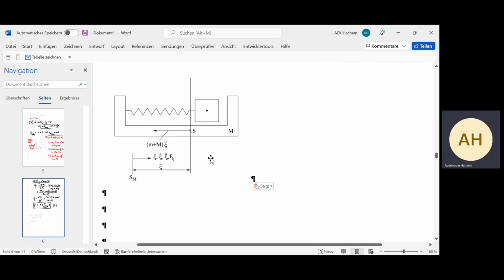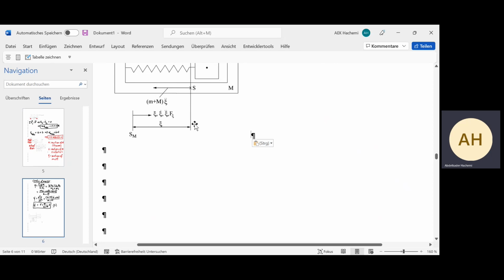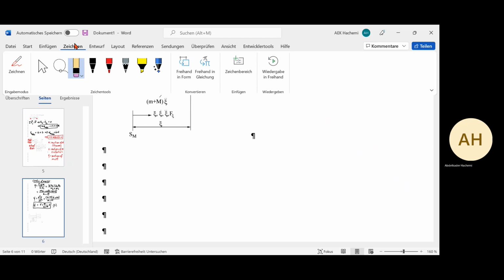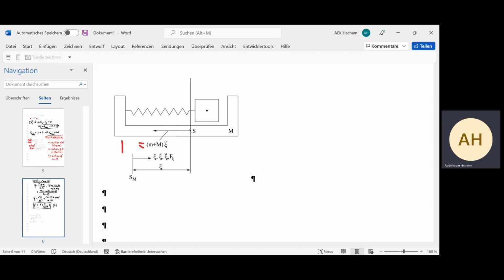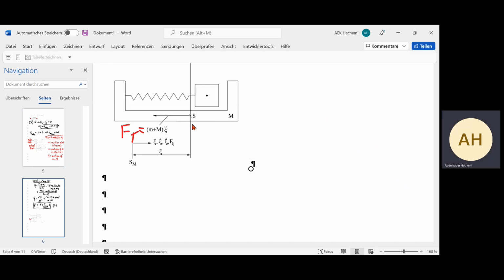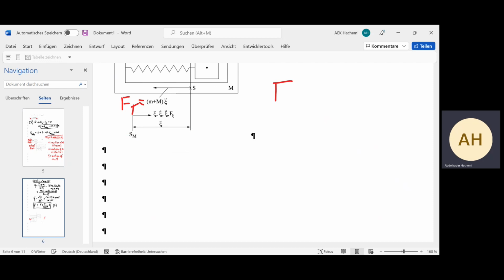This is the D'Alembert force, I call it Ft, which is equal to the mass m plus capital letter M multiplied by Xi dot dot.